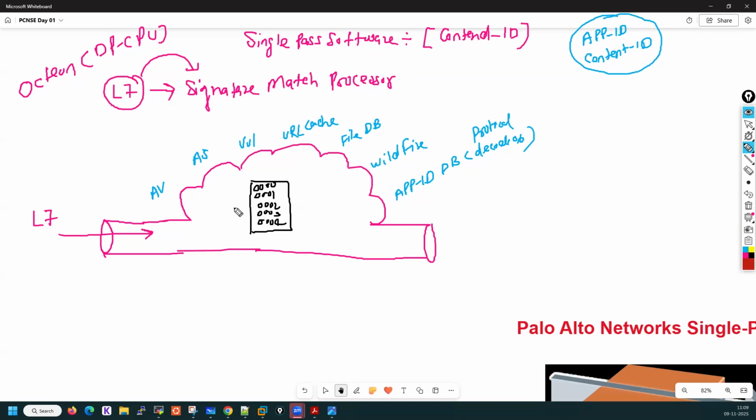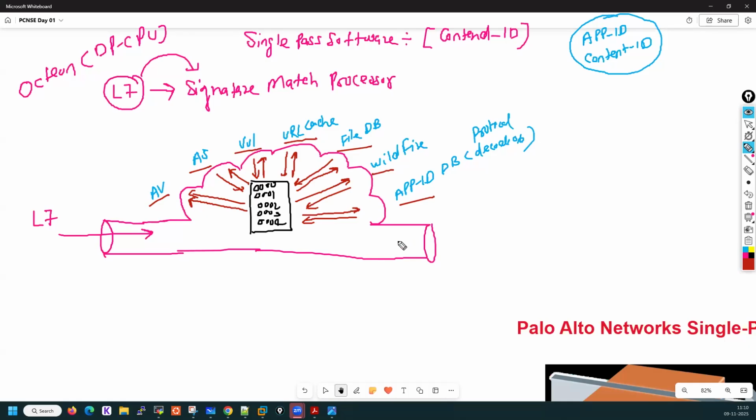Now they will fetch this information together at the same time, and they will match against the databases. It means I have stored the information one time on my signature processor, and all those particular database checks happen.